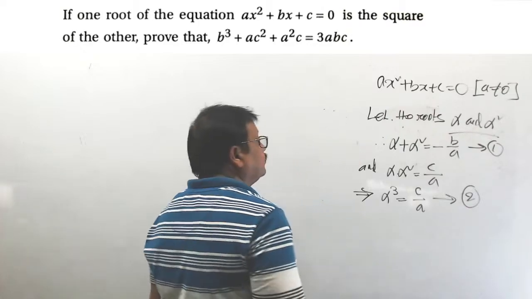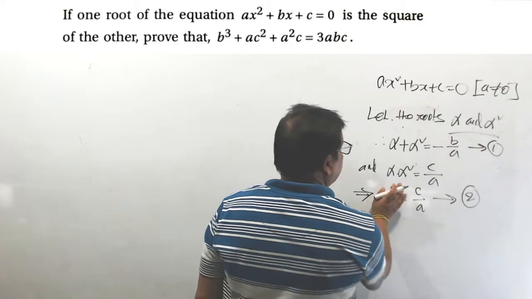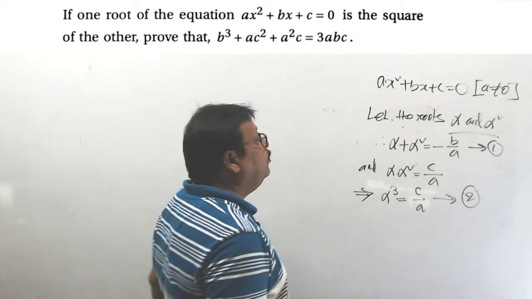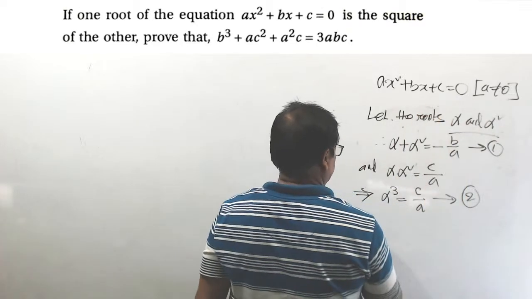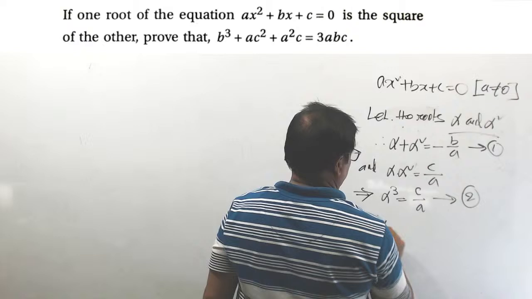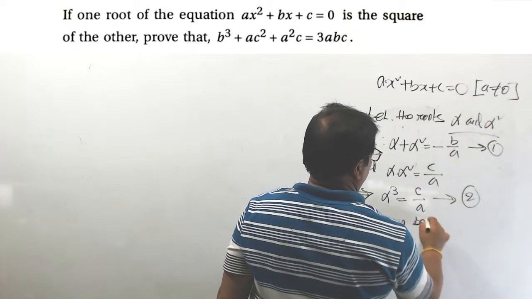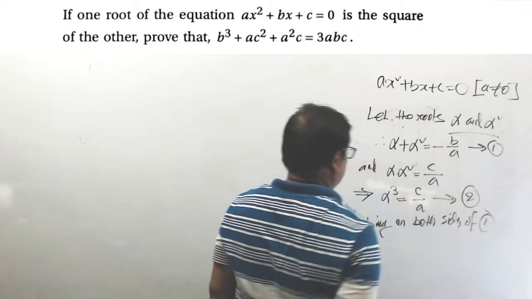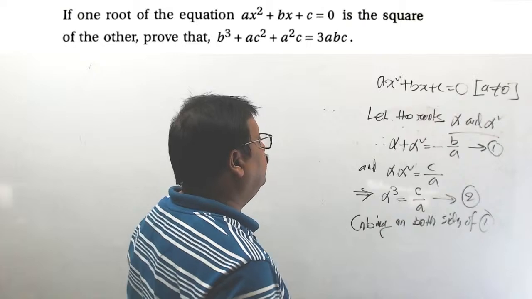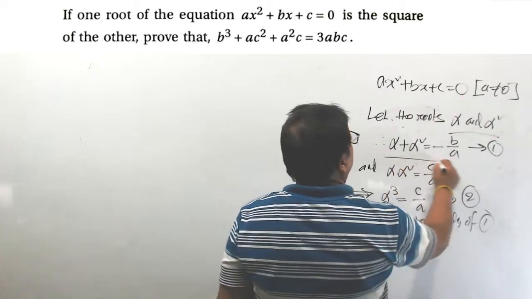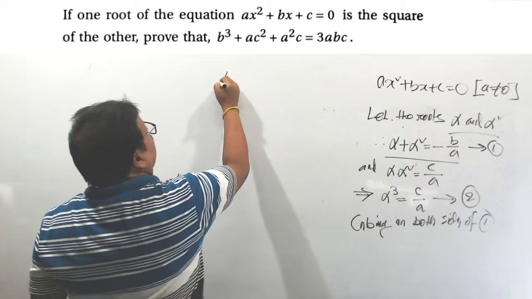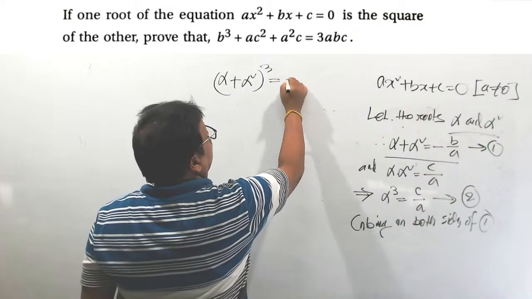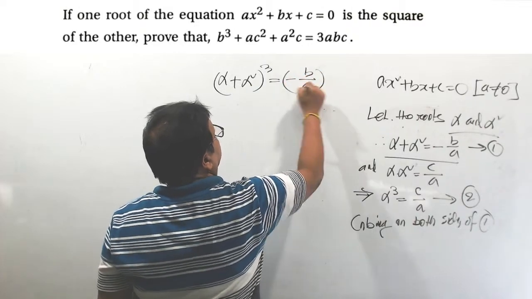Since there is a cube here, bring the cube, cubing on both sides of 1. What do we get? Alpha plus alpha square whole cube equals minus b by a whole cube.